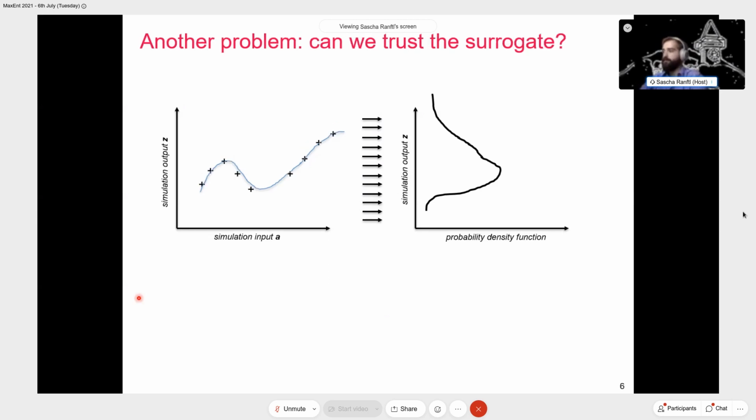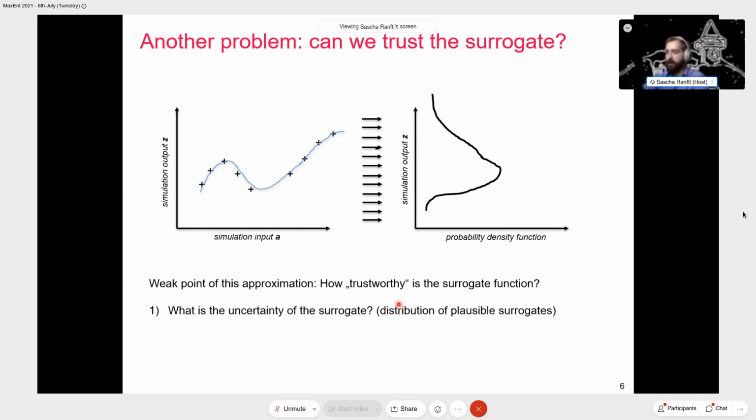Now, there's another question that could arise here. The obvious weak point of this approximation is that we don't really know how good this surrogate function is, or how trustworthy it is. For this, I would like to pose two questions. The first one is, what is the uncertainty or the trustworthiness of this surrogate?